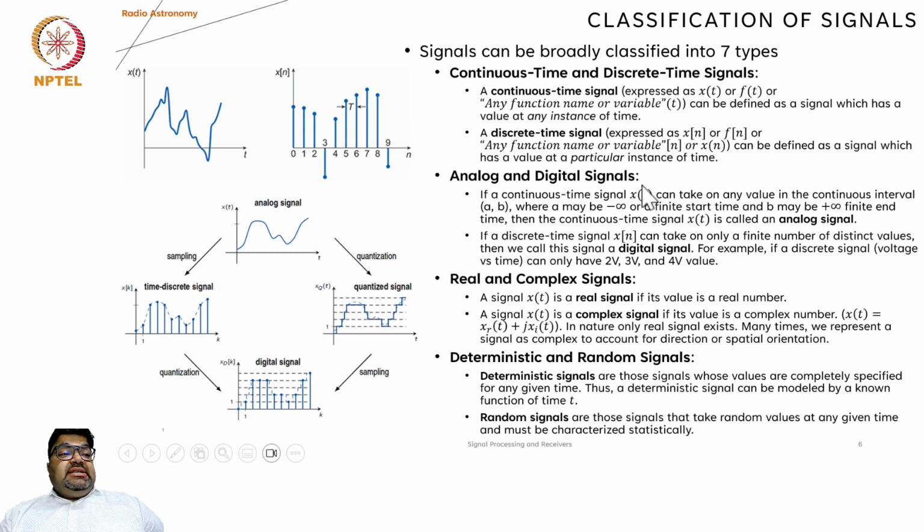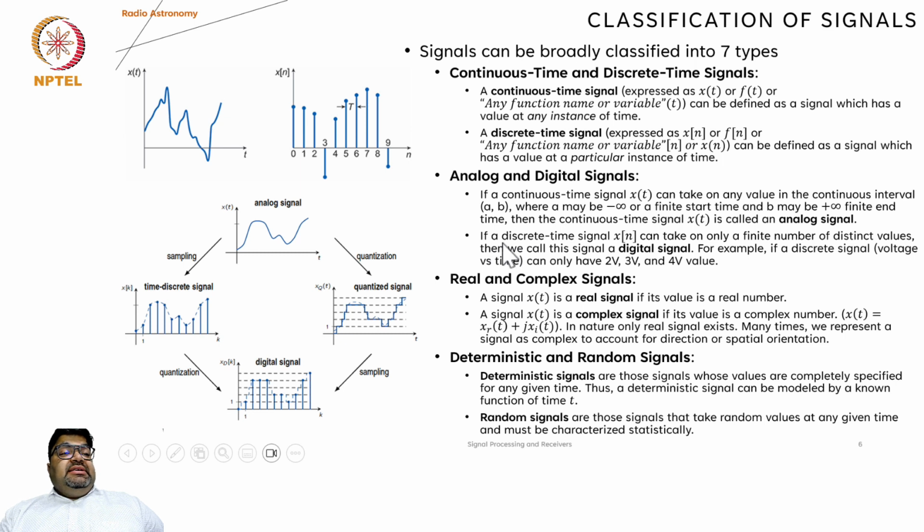Analog and digital signals. If a continuous time signal x(t) can take on any value in the continuous interval a to b, where a may be minus infinity or a finite start time, and b may be plus infinity or a finite end time, then the continuous time signal x(t) is called an analog signal.